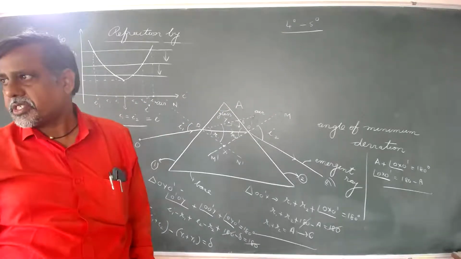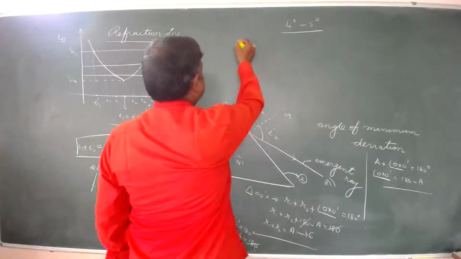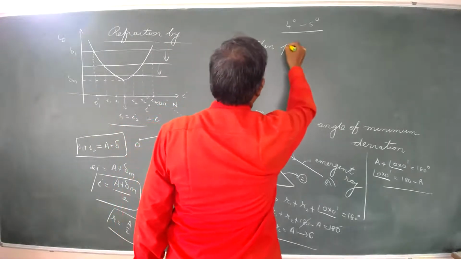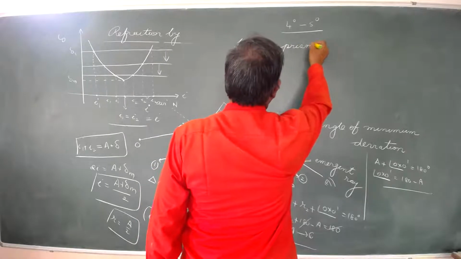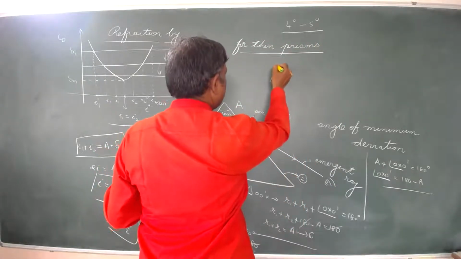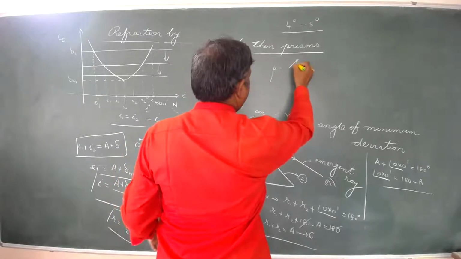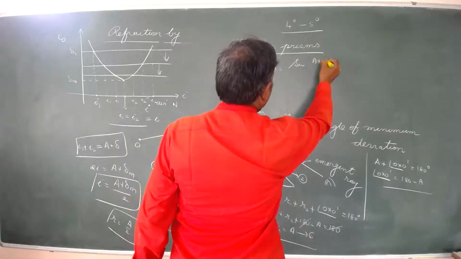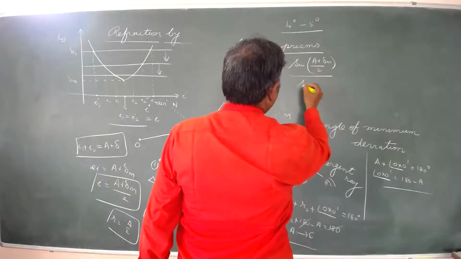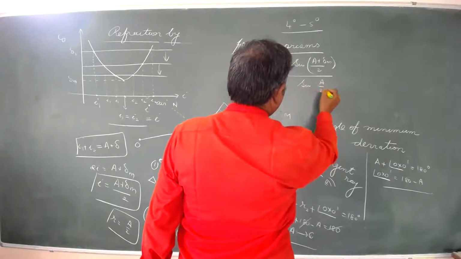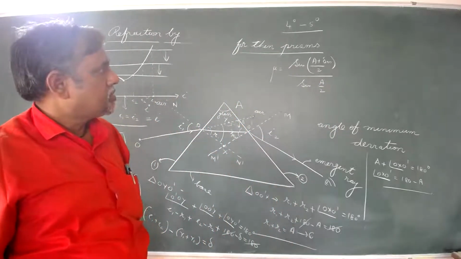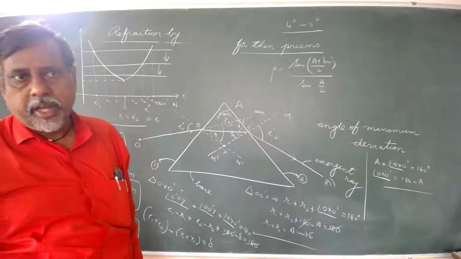Okay, so for thin prisms, look at this. This refractive index mu is equal to sin A plus delta m by 2 by sin A by 2. This is the equation that we obtained just now. Got it?